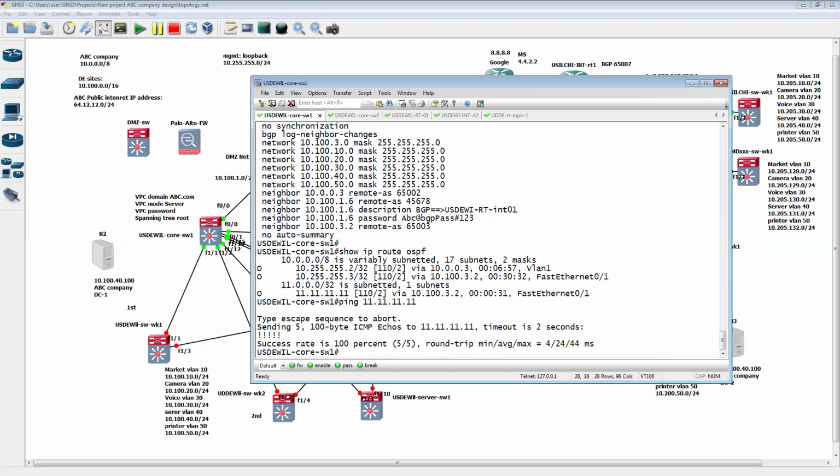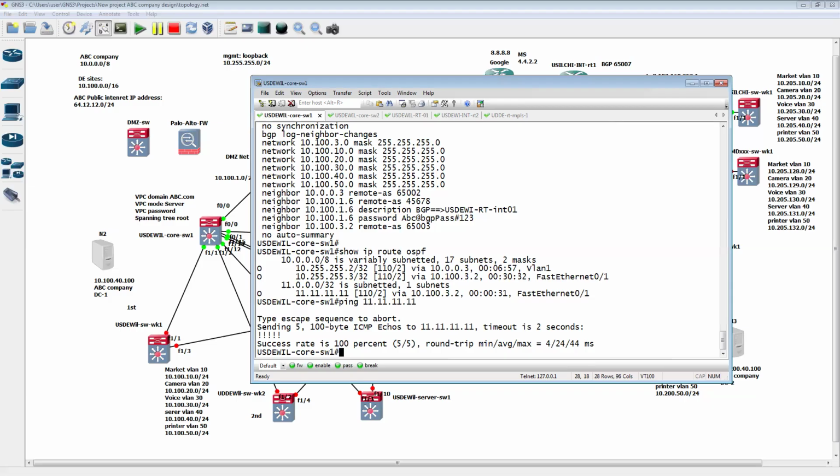Sometimes OSPF is supported for non-standard, non-Cisco products. For example, if you have a Cisco router or Cisco firewall, and then you have another router from a different manufacturer, something like Juniper, or Netgear, or an HP switch.